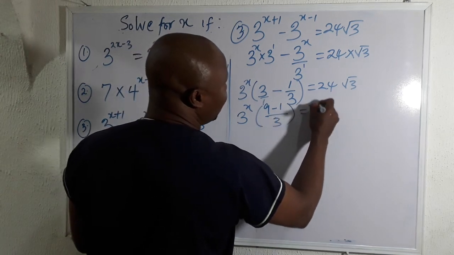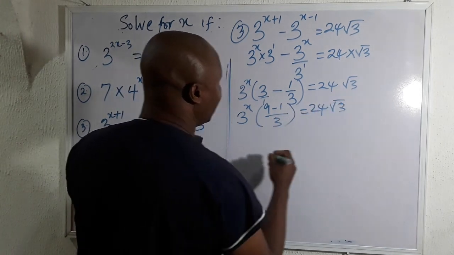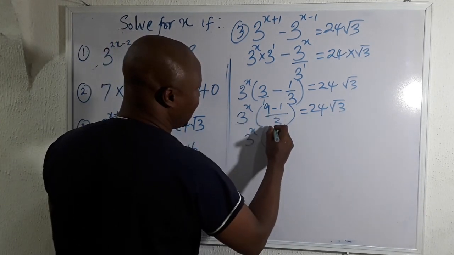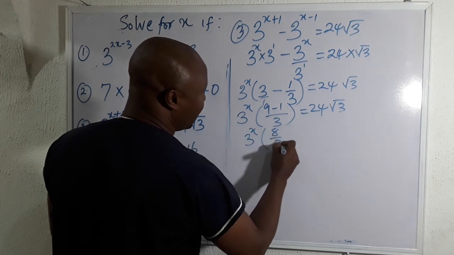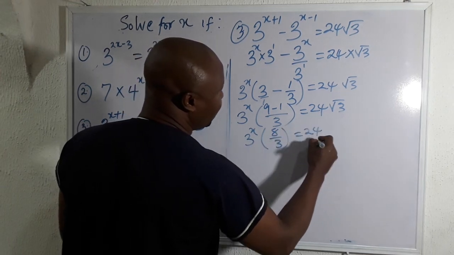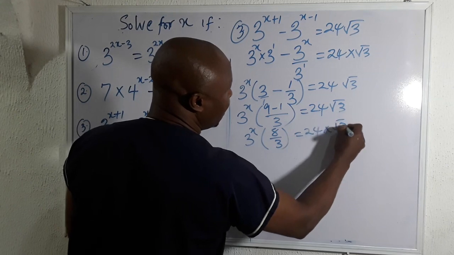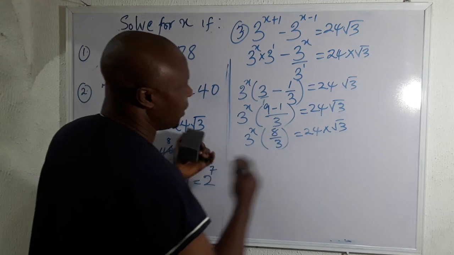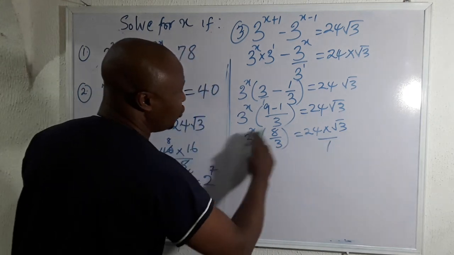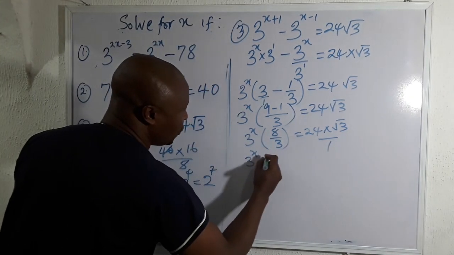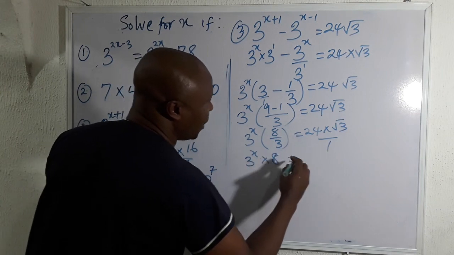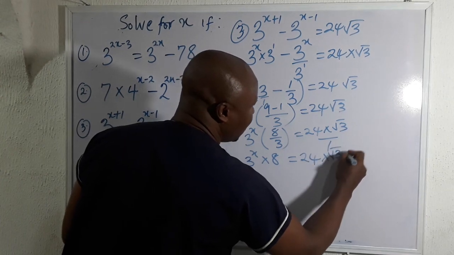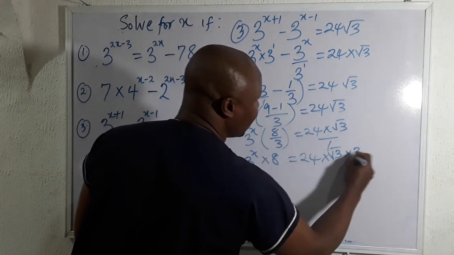So that will be 24 root 3. So this is 3 raised to power x into 8 over 3 is equal to 24 times root 3. Now we can decide to cross multiply. This is over 1, 1 times the numerator here won't change it. So 3^x times 8 will be equal to 24 times root 3 times this 3.